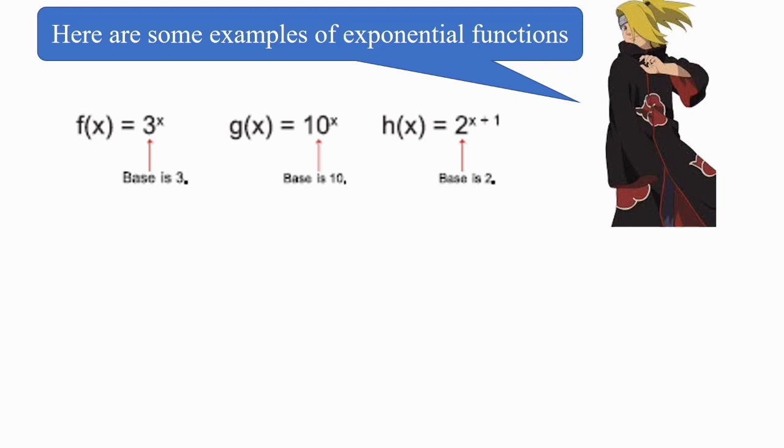And sa pangatlo, our base is 2. At kung makikita nyo naman yung exponent nila, it consists of a variable. And sabi nga natin sa exponential function, your base should not equal to 1 and your base should be greater than 0.